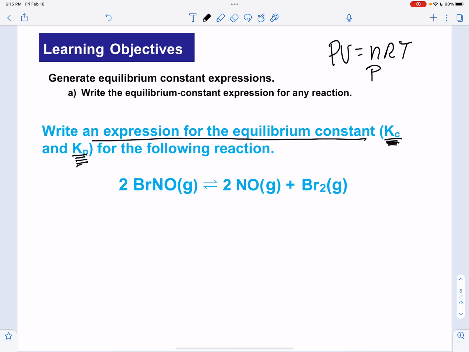So P over RT equals n over V, which is nothing more than molarity. So when we are dealing with pressures, we are also dealing with molarity at the same time.